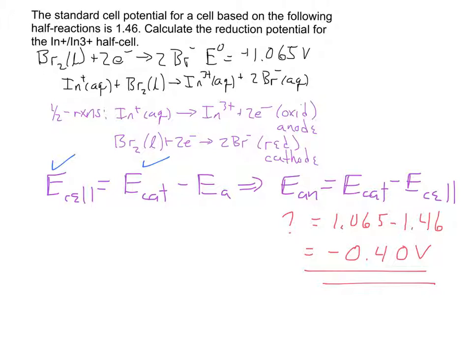Because there's going to be a lot of half reactions that, depending on what kind of work you do in your life, there's just a lot of half reactions that are possible. And so this gives you a way to identify what the reduction half reaction would be for a new species.